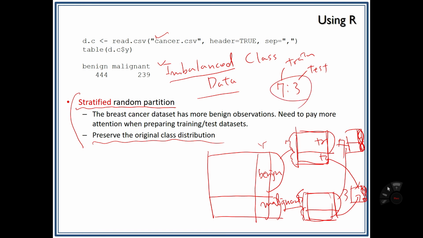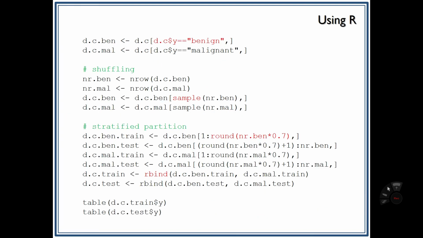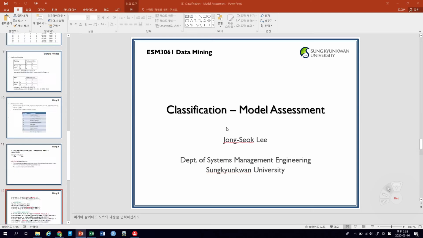This is not just an assumption. This whole procedure is called stratified random partitioning, and this R code does that. Let me show that. Let me run this code in an R session.